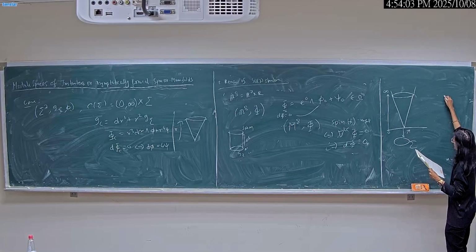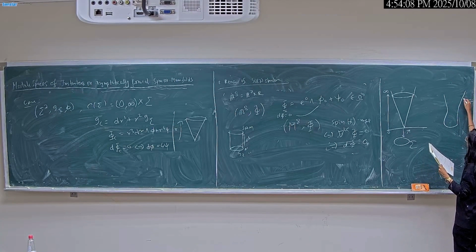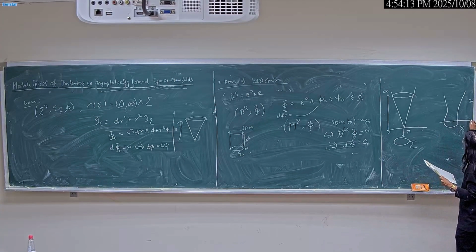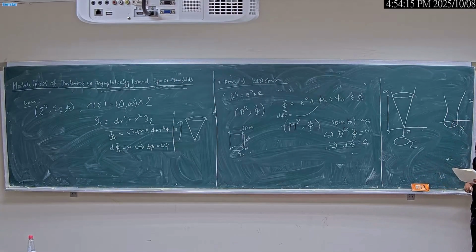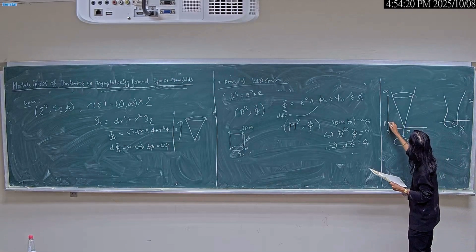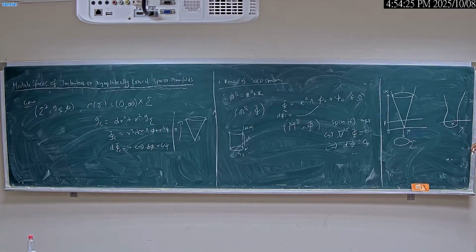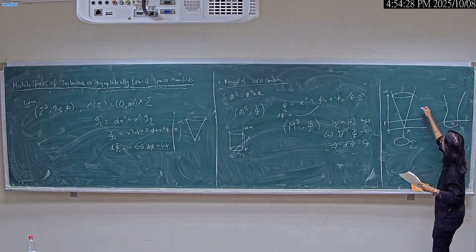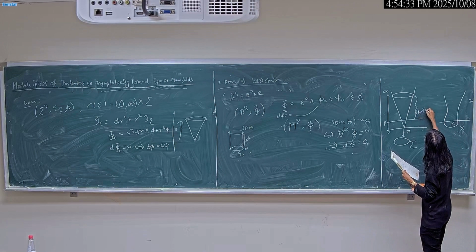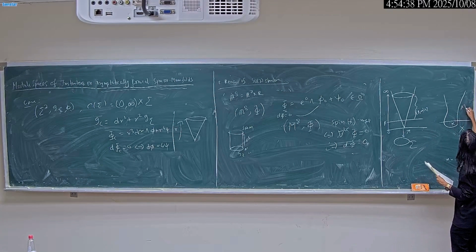What I do, I start with a complete manifold X. I cut out a compact set from it, and here I cut out a little of the lower part of my cone. So what I am left with is R infinity cross sigma. Whereas here I am left with X minus K.